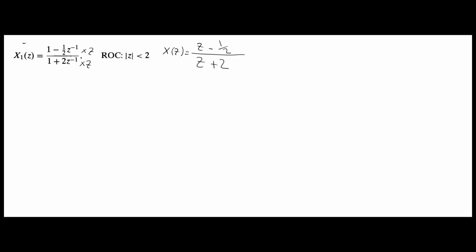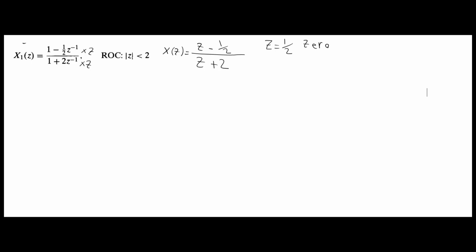As we learned earlier, the zeros of a rational Z transform are simply the roots of the numerator. Setting the numerator equal to 0 gives z equals 1/2. Therefore, the system has one zero located at z equals 1/2.